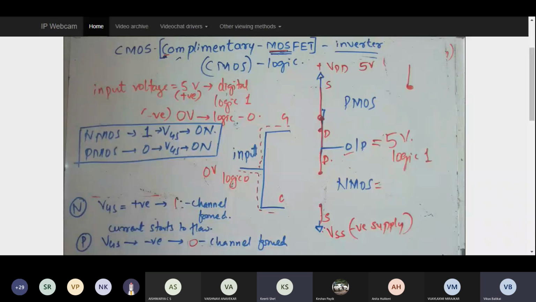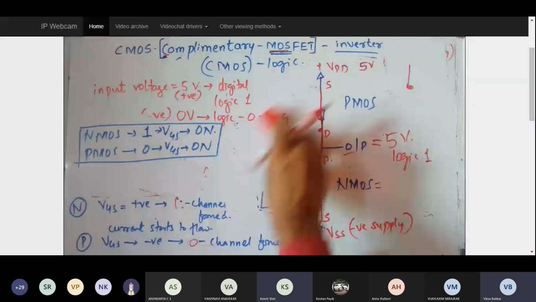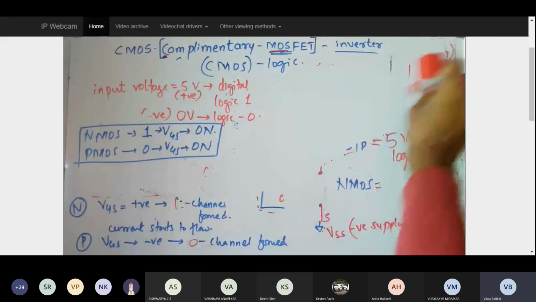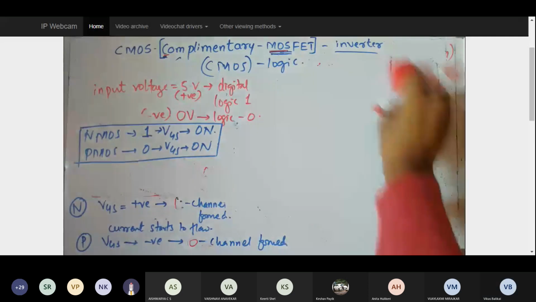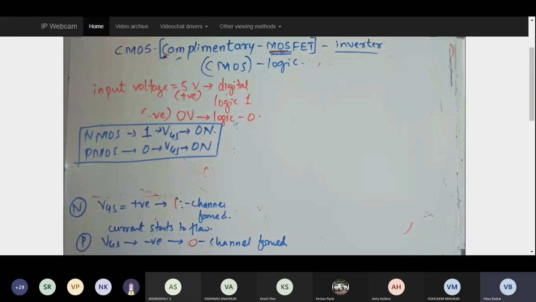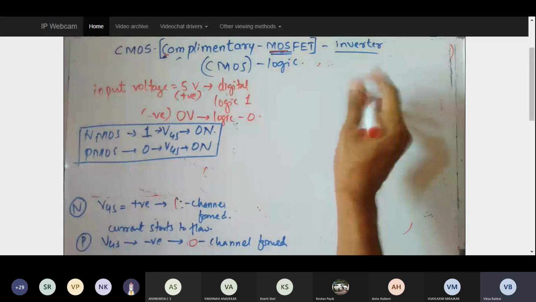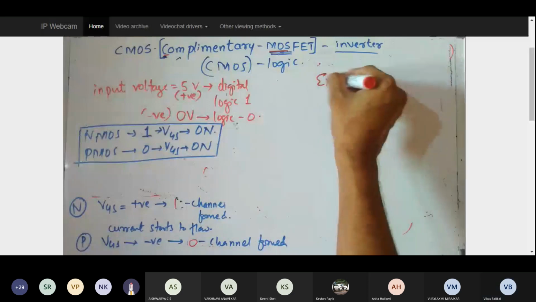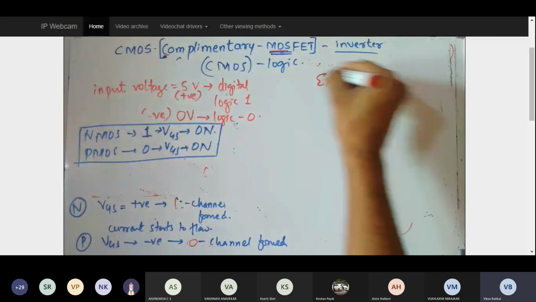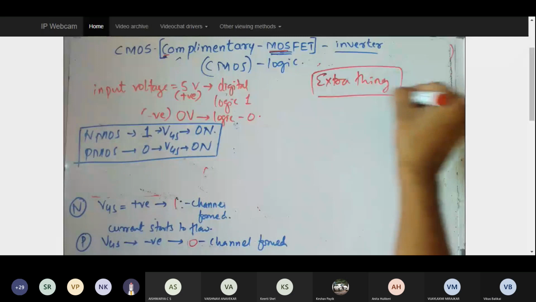Yes, sir. Now I'll give you one simple example. Tell me what kind of gate it is. I'm just going to draw a circuit. This is basically an extra thing that I'm drawing, just for your understanding.